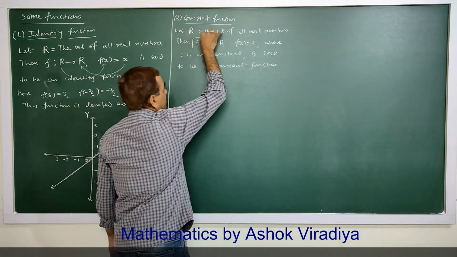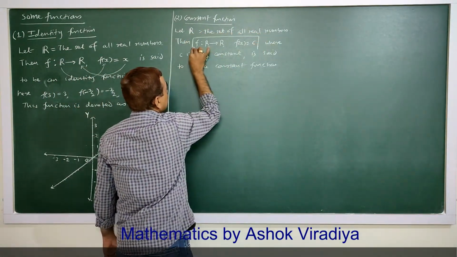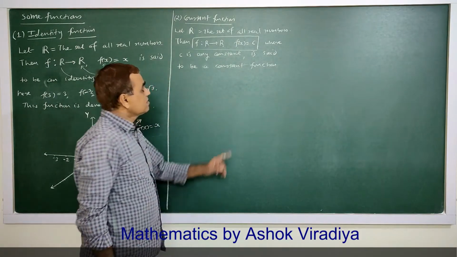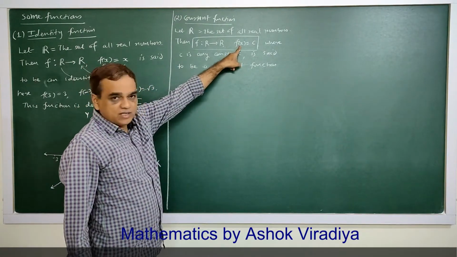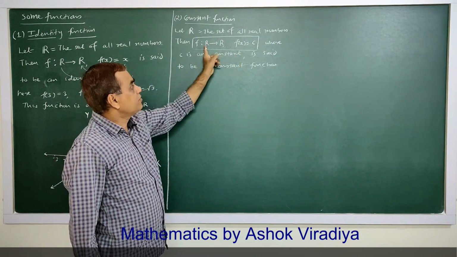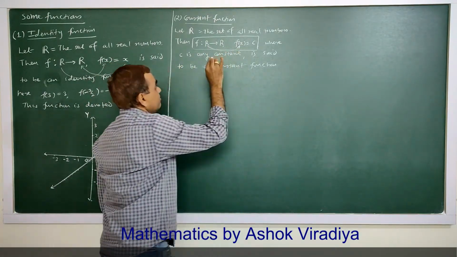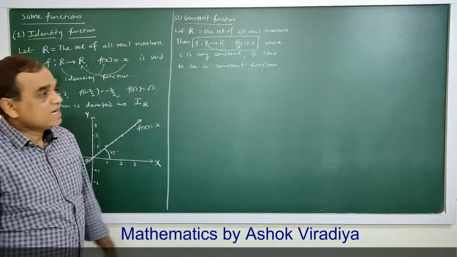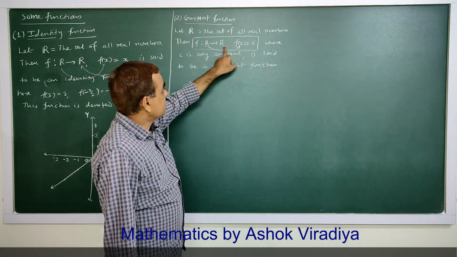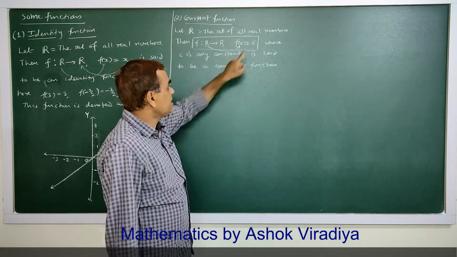So here you can see that x is a variable. It comes from the domain. From this R, x comes. And c is a constant. It is any real. It belongs to R. This is fixed.